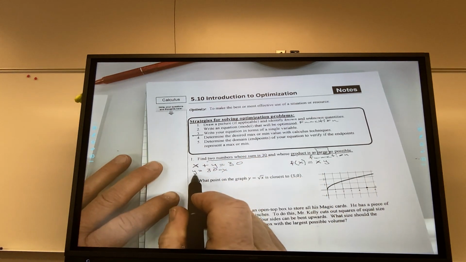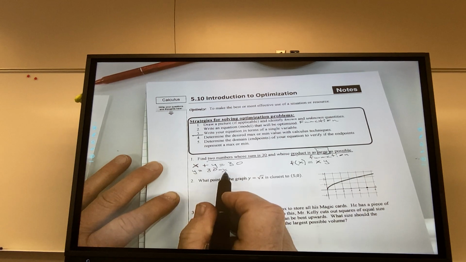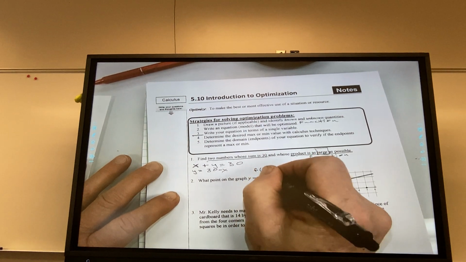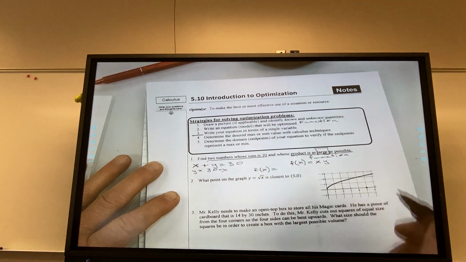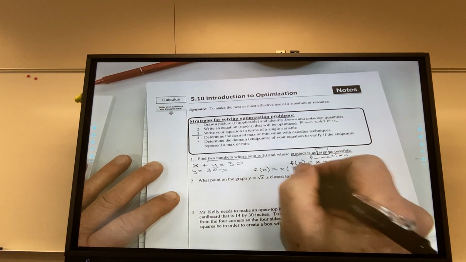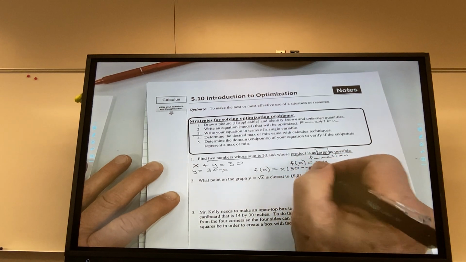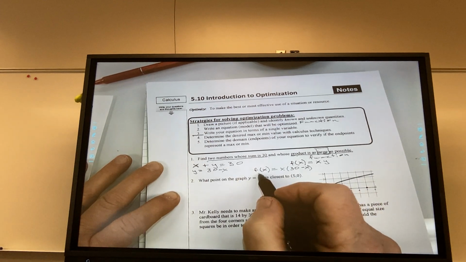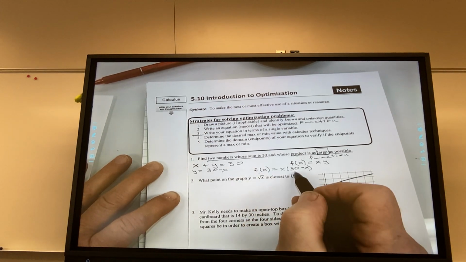So wherever I see a y, I can replace that with 30 minus x. So now my function becomes f of x equals x times 30 minus x, and I'm done. I now have gotten my function in terms of x.